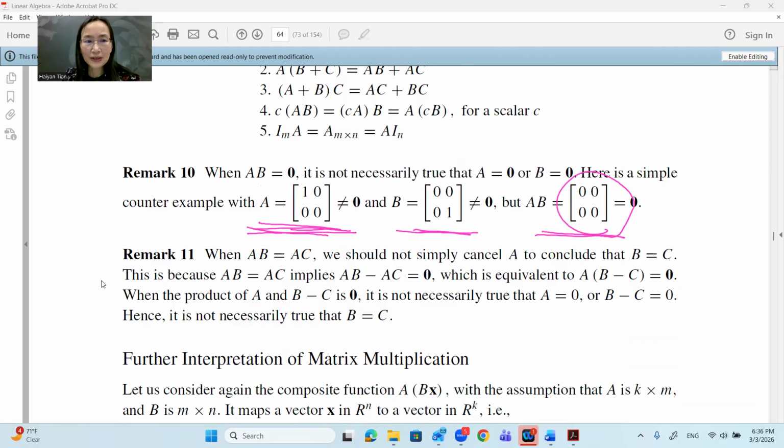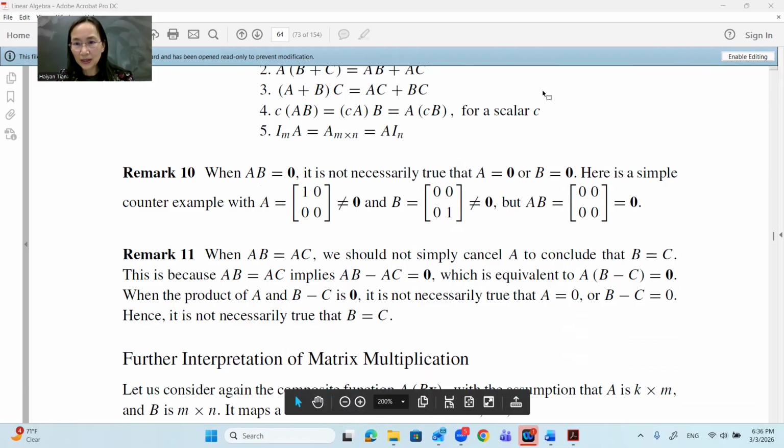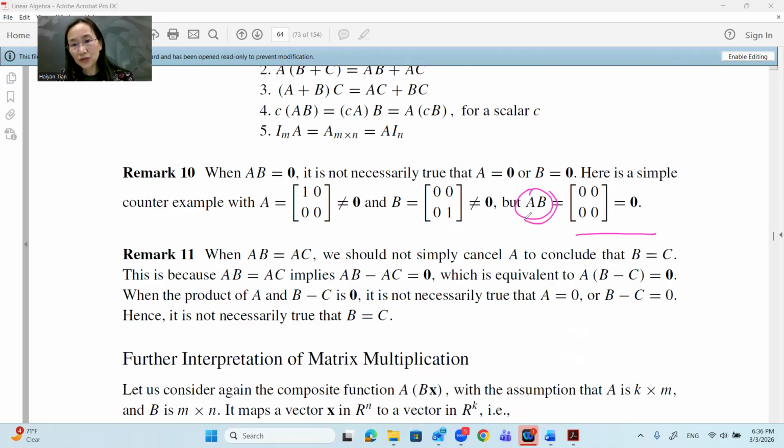So this is different from the property of numbers. When you see that a product of two matrices is 0, it does not mean one of the two matrices is 0. So be very careful.